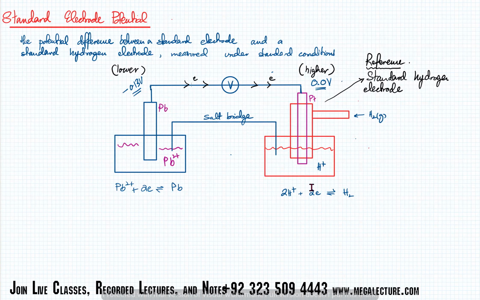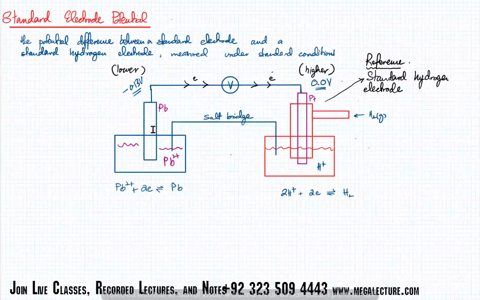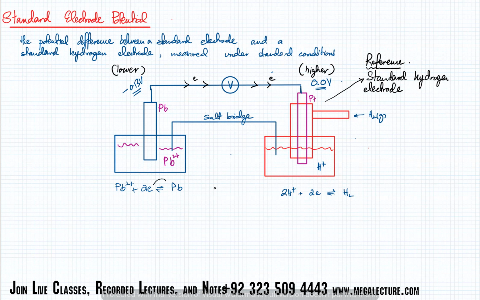That means if you connect the two electrodes together, it's no longer going to be a reversible reaction. The left one is the lower potential. It would start losing electrons, so its reaction would start going in the backward direction. And the right one is the one that's going to gain electrons, because all the electrons are coming towards it.